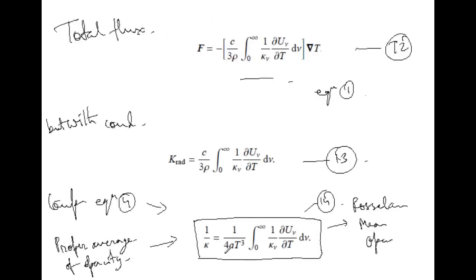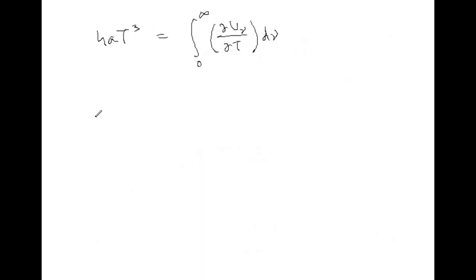So basically the factor 4a cube, this we discussed, remember, this is basically equal to, right? So the Rosseland mean, you can think of as, this Rosseland mean is basically harmonic mean.